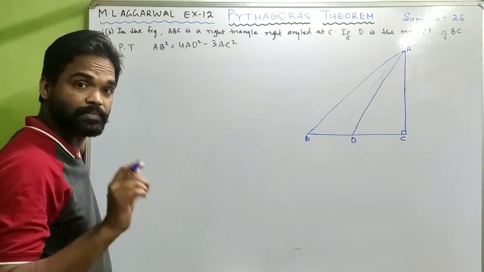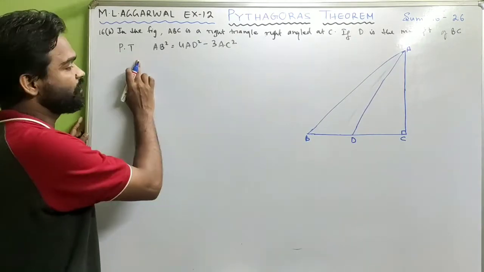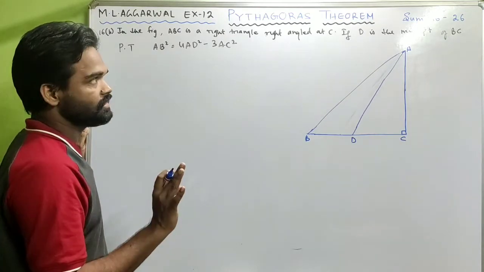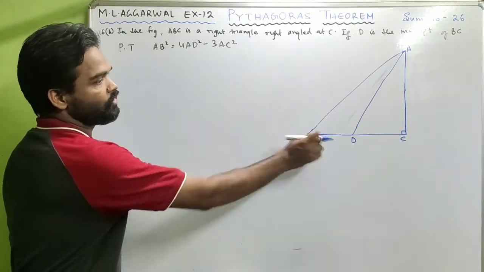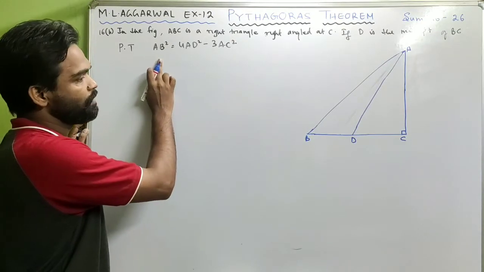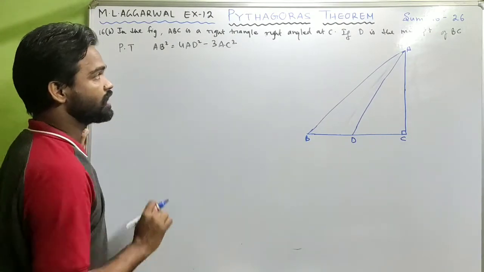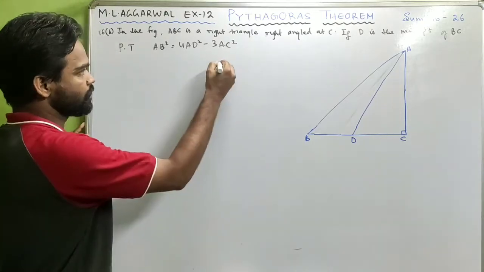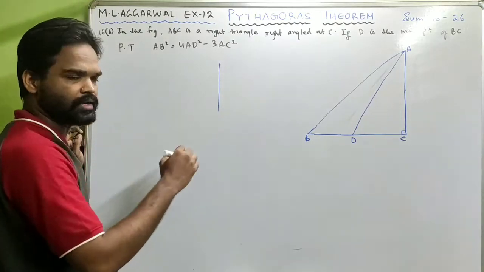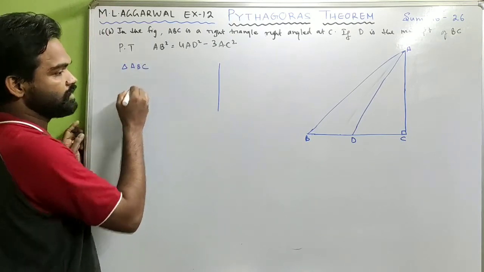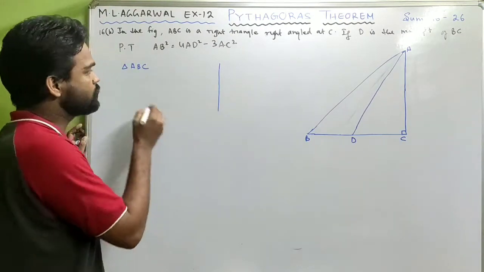Now look at this sum, 16 part B. In the figure, ABC is a right angle triangle, right angle at C. If D is the midpoint of BC, prove that AB square is equal to 4 times AD square minus 3 times AC square. Pretty easy. First of all, there are two right angle triangles. Triangle ABC, where AB is the hypotenuse.